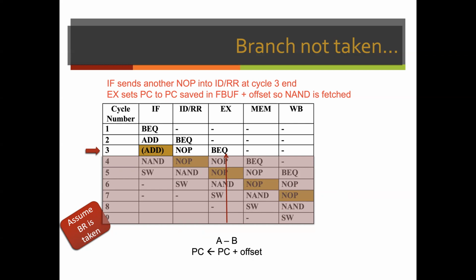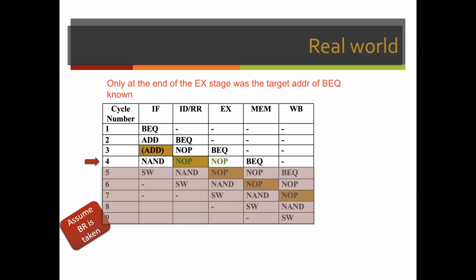So NAND is then fetched. And only once we reach the end of the execute stage do we know what the target address for the branch instruction will be.